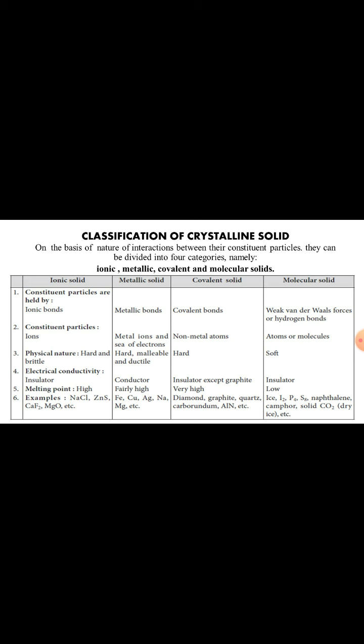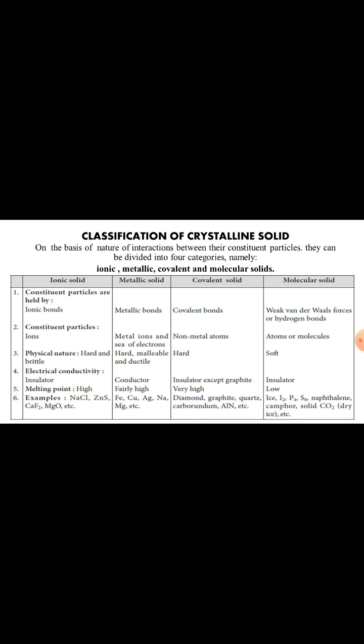Melting point is fairly high. Examples are all the metals of D block, F block, S block and alloys. Some common examples: copper, silver, gold, iron, Mg. These are some examples given here.